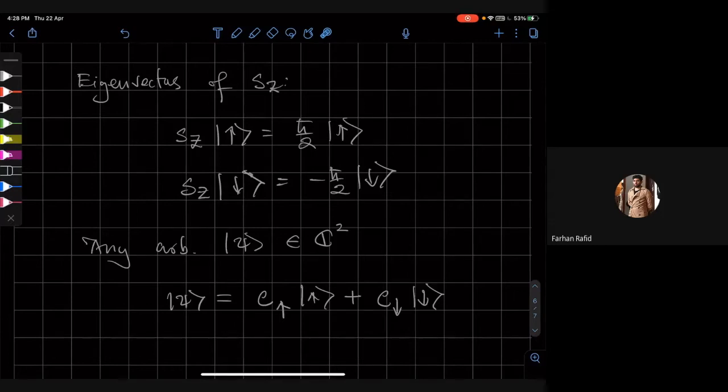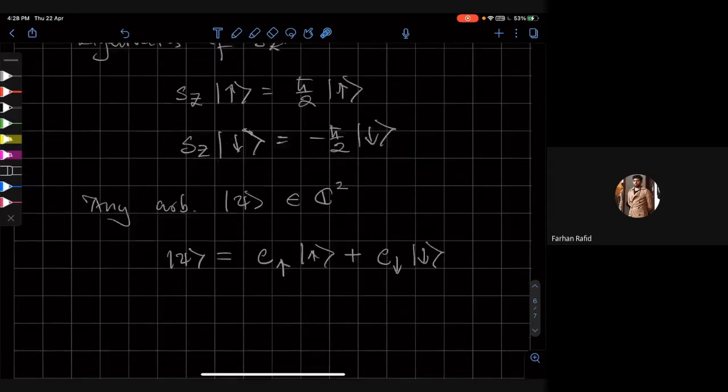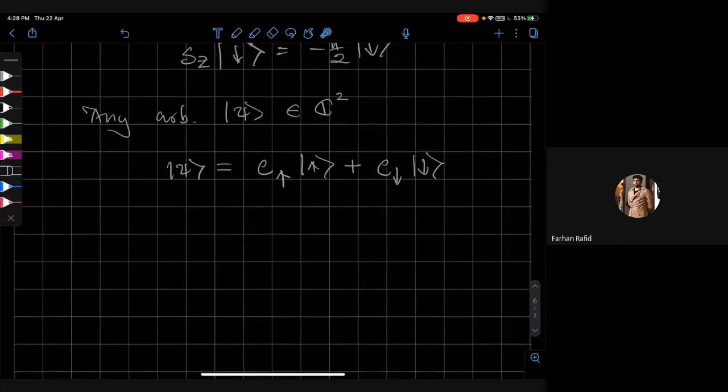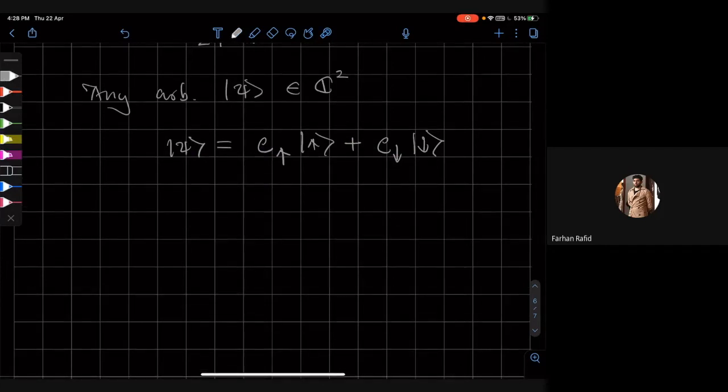Okay, any more questions? Okay, so it should be kind of obvious that any vector in this space can be expressed as this linear combination. So these coefficients, C up and C down, are complex in general.